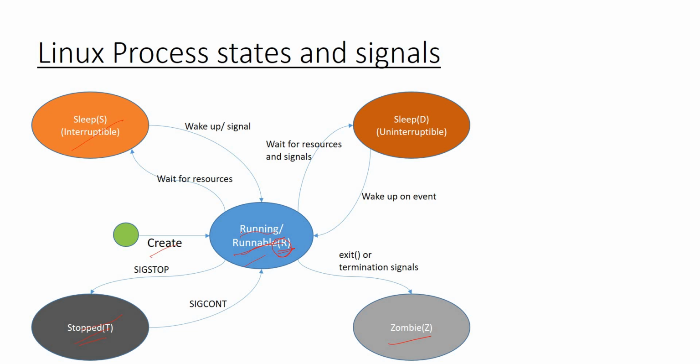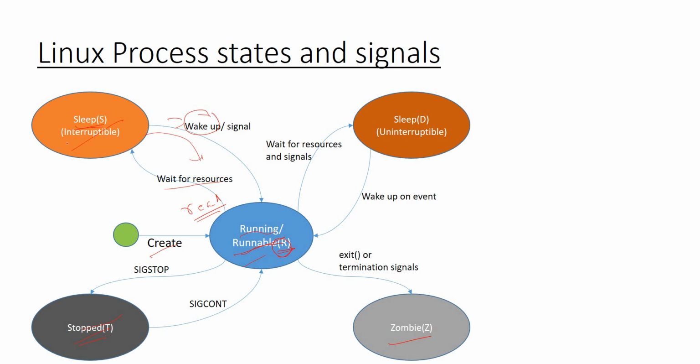Now when the process is running, after executing some instructions, if it needs a resource, if it has to read a file, then it has to wait until the file is opened. That means it will wait for the resource. So in that case, instead of using the CPU cycles, it will go into a state called sleep state. When the corresponding file or resource is ready, it will move from the sleep state to the runnable or running state.